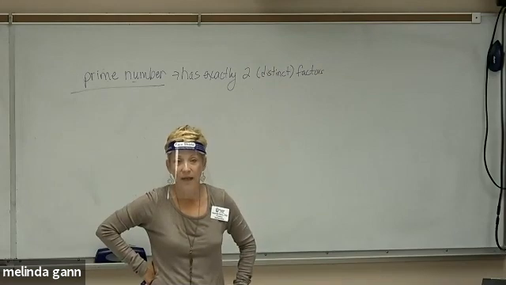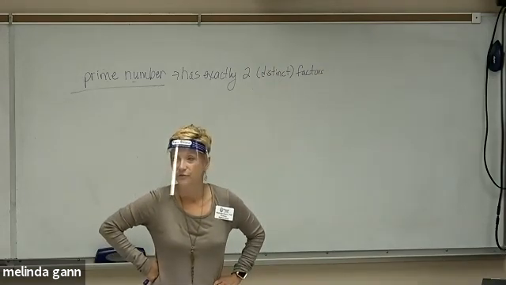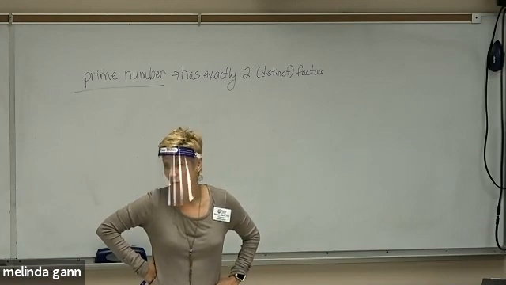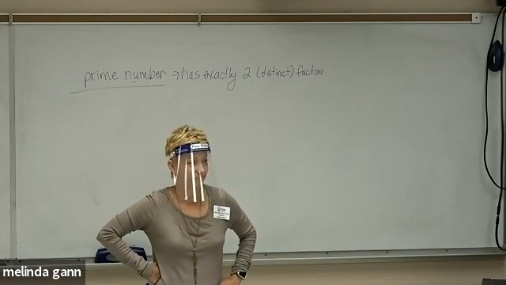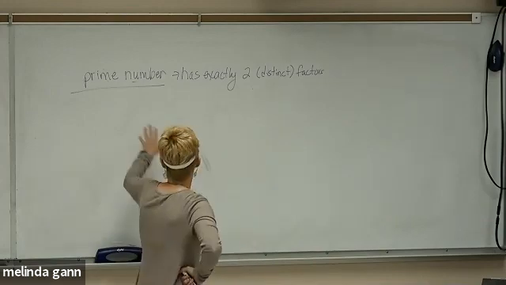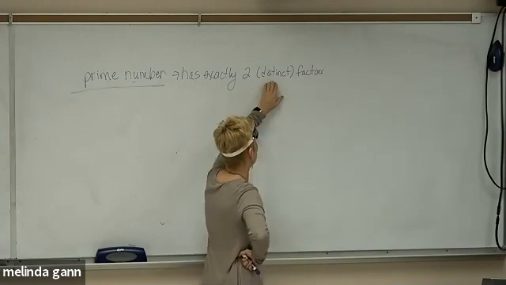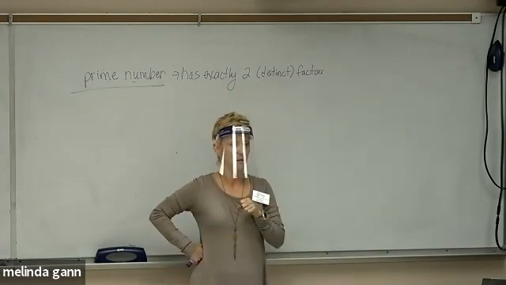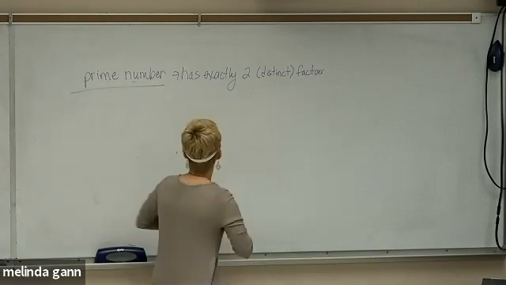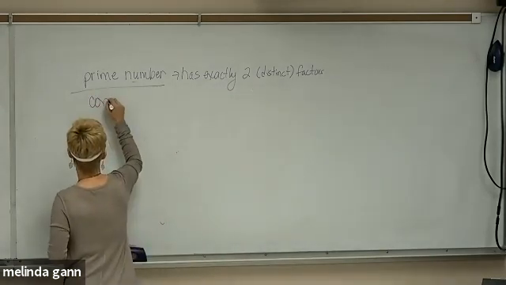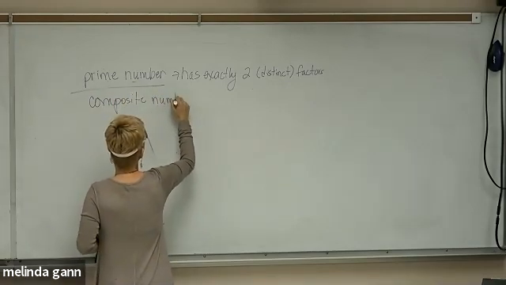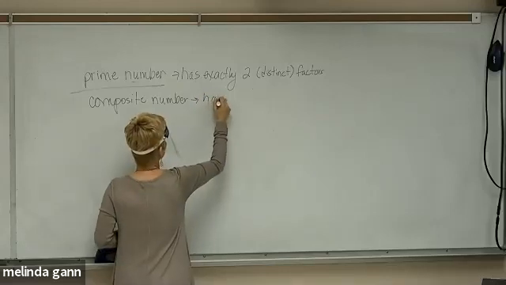Well, see, the problem with that is, what are the factors of 1? 1 and itself, right? And 1's not prime. Okay? So the definition of prime number is it has exactly 2, and the reason I put distinct means different. And see, 1 times 1, those are not different. Everybody with me? Now, if it's not prime, it's called composite. So a composite number has more than 2 factors.